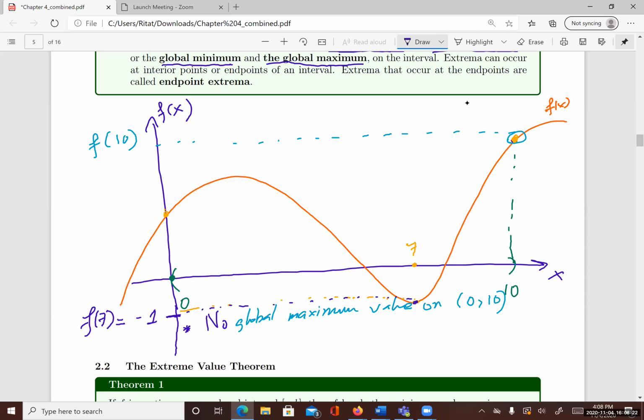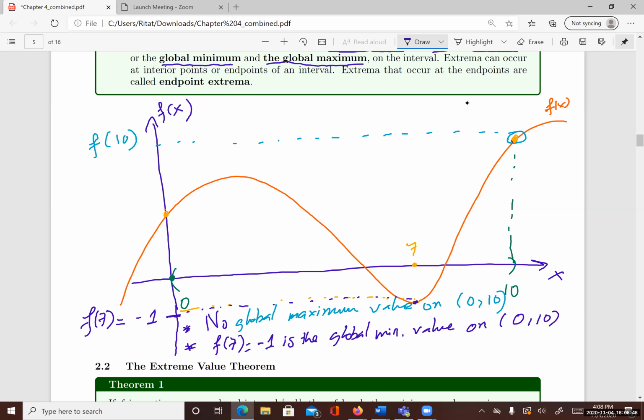That means we found a global minimum value: f of 7 equals -1 is the global minimum value of the function on the interval from 0 to 10.